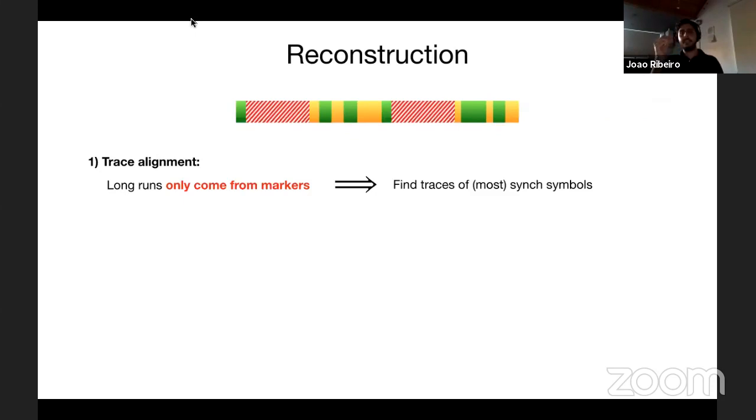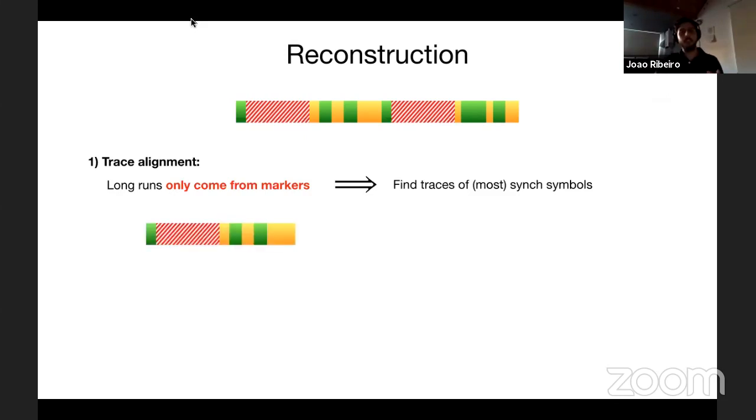Here we proceed similarly to our reconstruction algorithm, but we are actually able to use the synchronization strings to exploit the markers in a more careful way. First, since our inner code words are dense, long runs really only come from markers or from the synchronization symbols, which means we can find the traces of most synchronization symbols and recover them, because they are encoded with codes that are very robust against deletions and insertions.